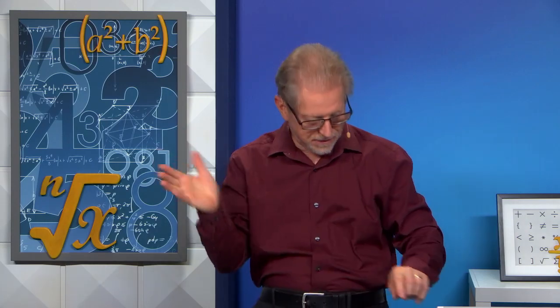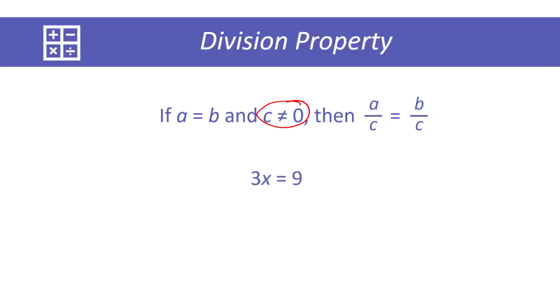Okay? So in this case, we have a multiplication by 3, so we're going to divide both sides by 3, and boom, there's our answer. So always do equally to both sides whatever operation undoes the operation that is in the original equation.